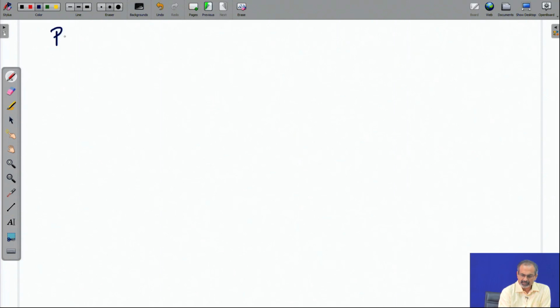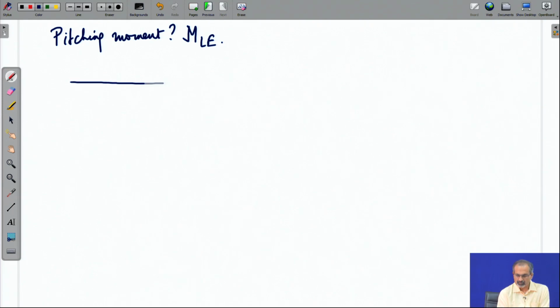How about pitching moment? Let us try to work it out about the leading edge. So, this is your airfoil, which basically has become a flat plate now because there is no camber.